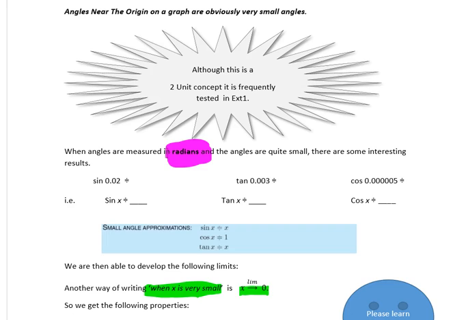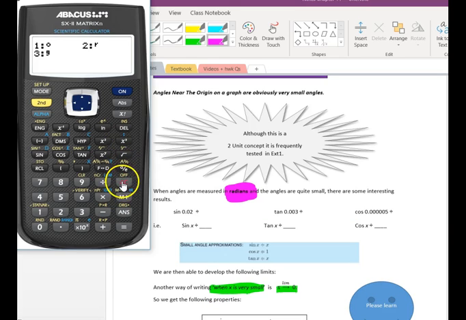So if you take your calculator and make sure it's in radians, find for me the sine of 0.02. Just in case you're unsure about how to get to radians, we've got degrees radians here just above the answer key.